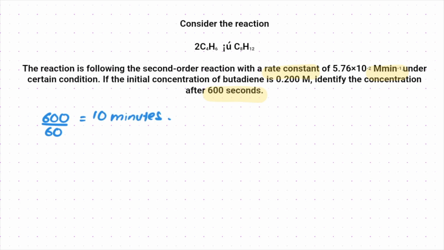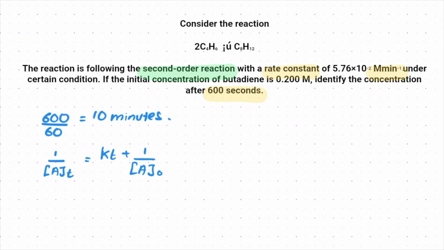And then what else is given in the question is that it is a second order reaction. Therefore, in the second order reaction, we are going to use the formula 1 over At is equivalent to kt plus 1 over A naught.